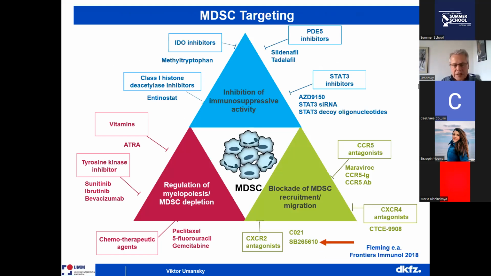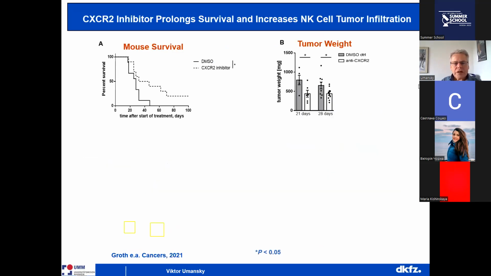The last example: I want to show you how we can block the MDSC migration. As you remember, I told you that PMN MDSC are characterized by a strong expression of CXCR2, a chemokine receptor.